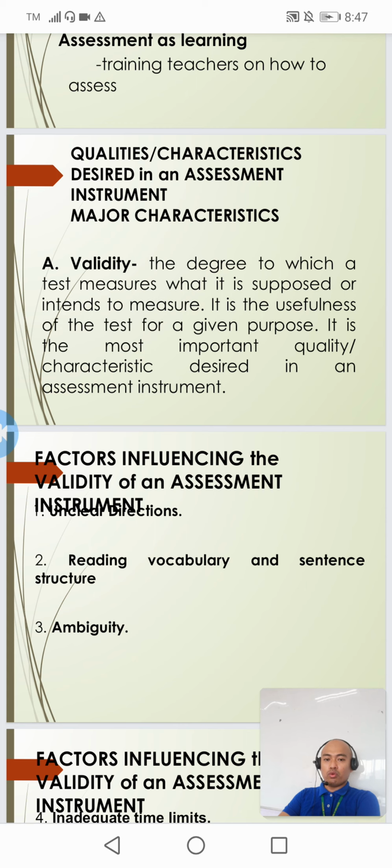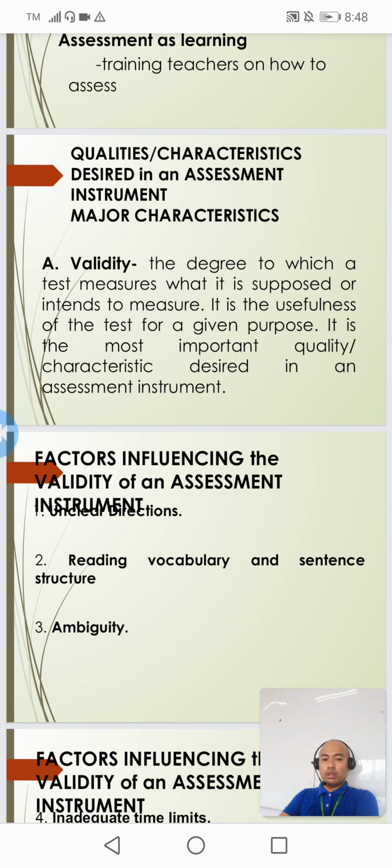Let's say, for example, we want to conduct a research study, and we want to find out the pre-test performance of our students and the post-test performance of our students. Take note that when we are administering a pre-test post-test design, we'll be having two similar measurements, two similar test instruments.